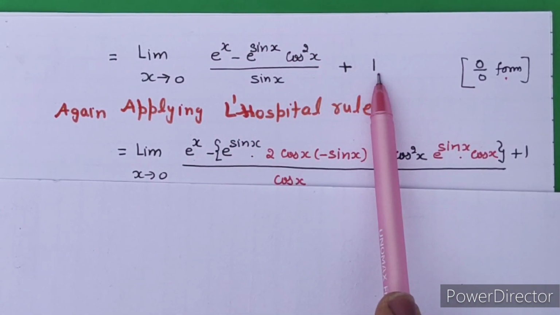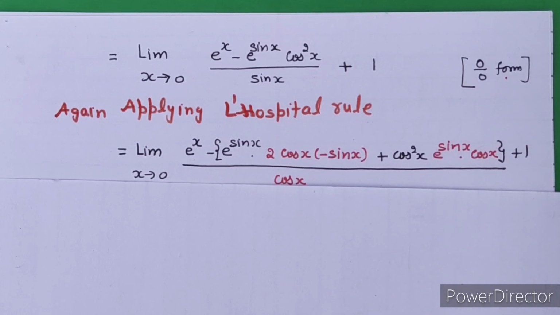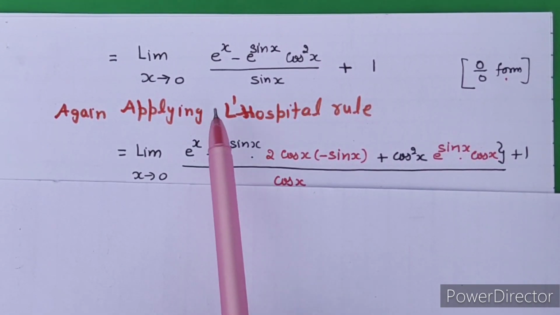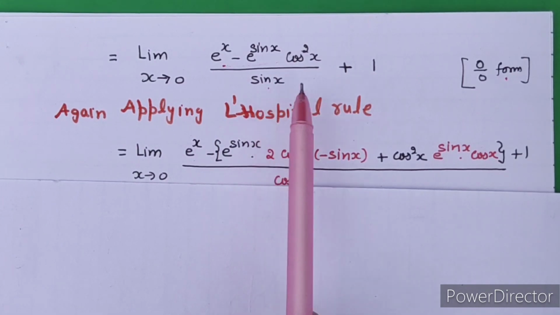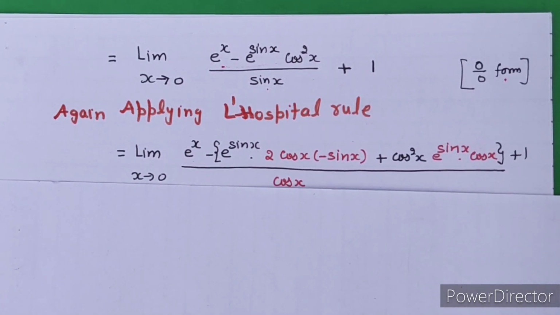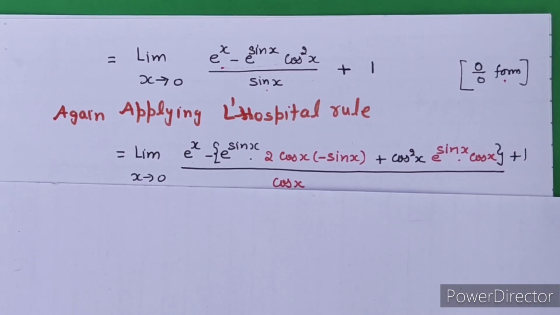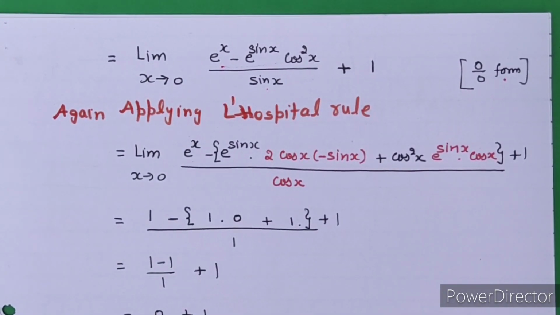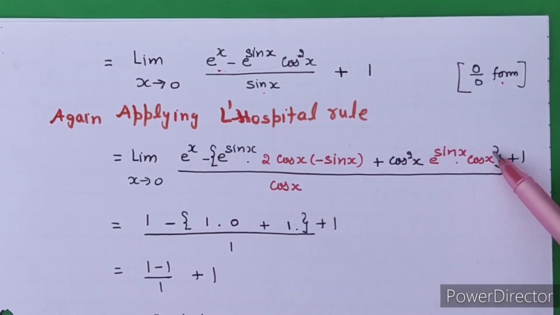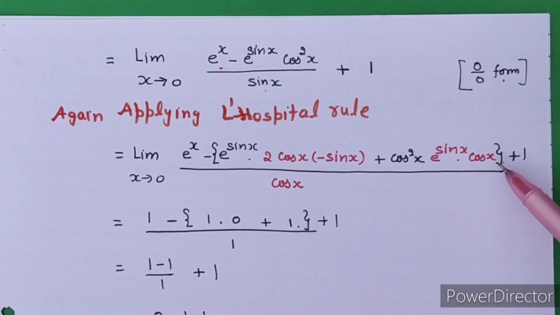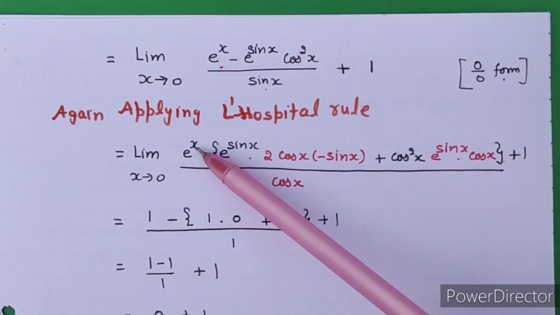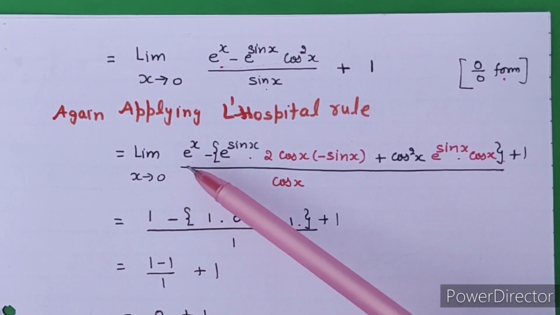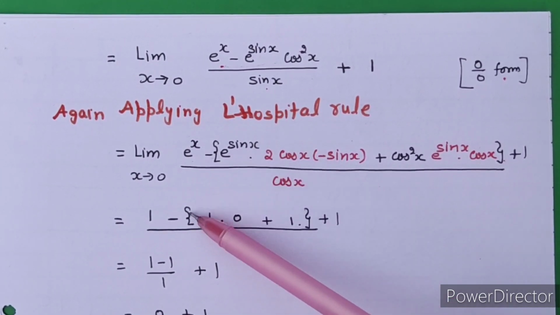I have solved the first part. So now applying the L'Hopital rule again, differentiate the above term and below term. The derivative of sin x is now cos x here, and this e^(sin x) cos^2 x, its derivative is this expression. Okay. Now put the limit x tends to 0. Here e^0 is 1 minus e^0, 1.